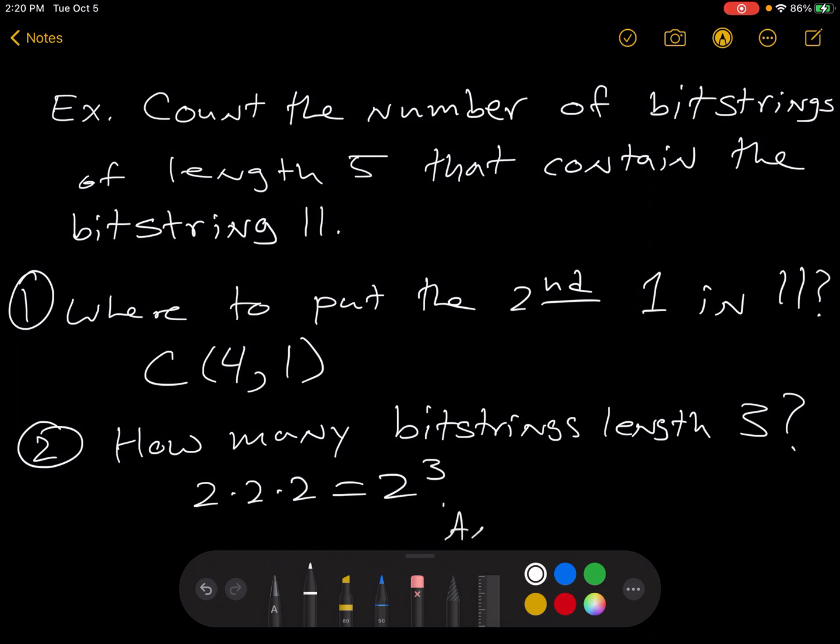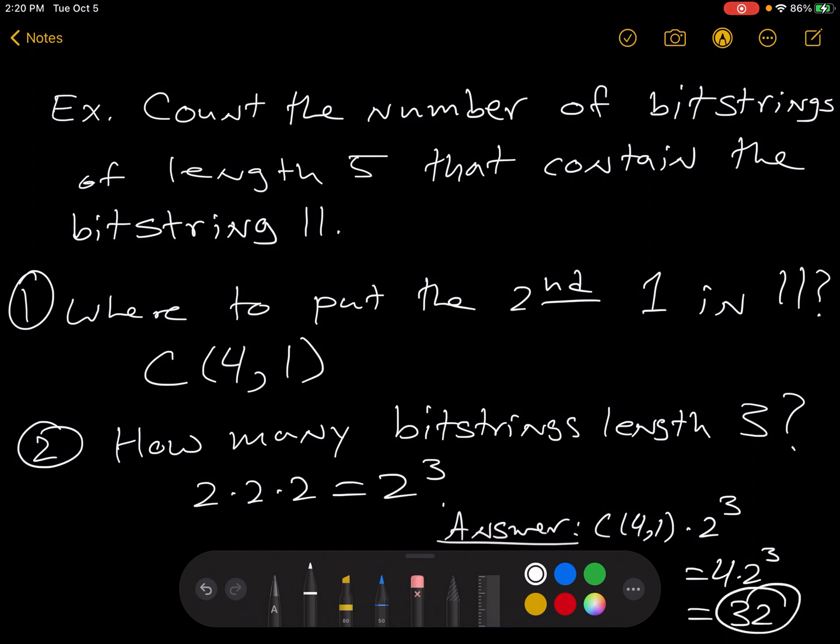So the answer is C(4,1) times 2 to the third. C(4,1) is 4, so this is 4 times 2 to the third. 2 to the third we know is 8, so it's 32. You can see you get the same answer either way.